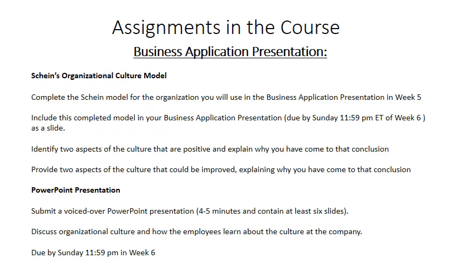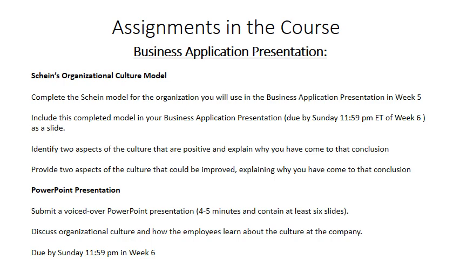In this course, you will complete a business application presentation. There are 2 parts to this presentation. In week 5, you will complete the SHINE model for the organization you will use in the business application presentation. You will include this completed model in your business application presentation as a slide.